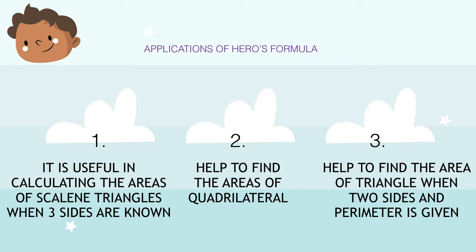So I have all the sides. I have the value of semi-perimeter also. Semi-perimeter is equal to perimeter divided by 2. So I can find out the area of such triangles also.